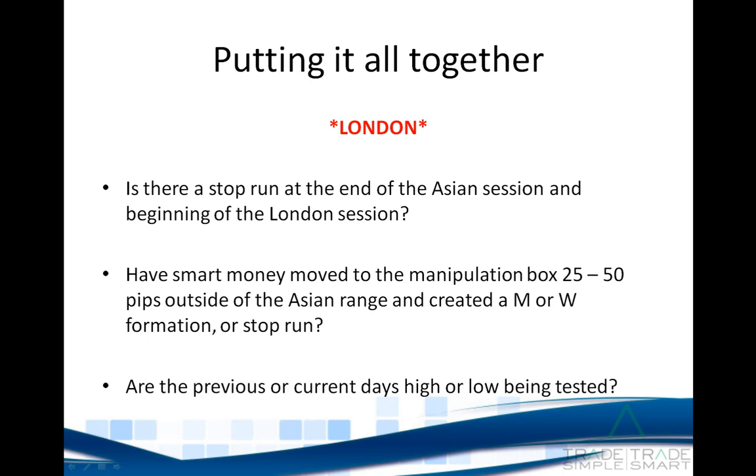The second question we're going to ask ourselves is, have smart money moved to the manipulation box, which is 25 to 50 pips outside of the Asian range, and created an M or W formation or stop run? Now, many times you will have identified levels that fall between the Asian session and also the manipulation box, and you'll be looking first and foremost at the levels that fall in between for the M formation or stop run.